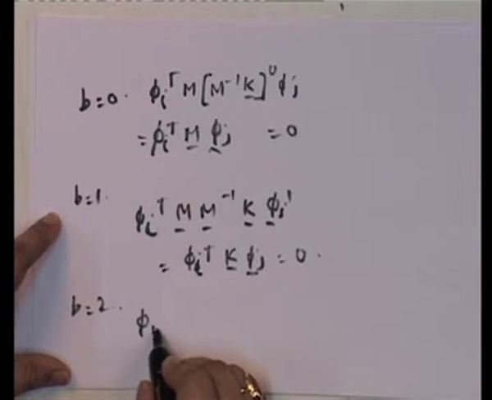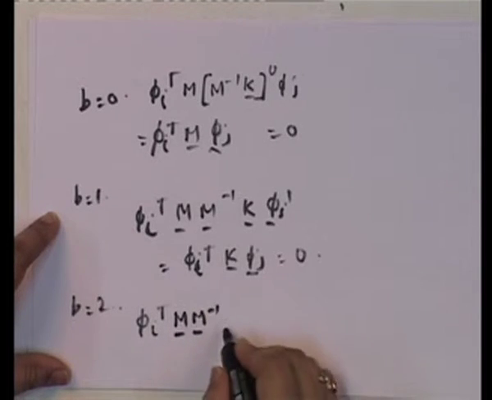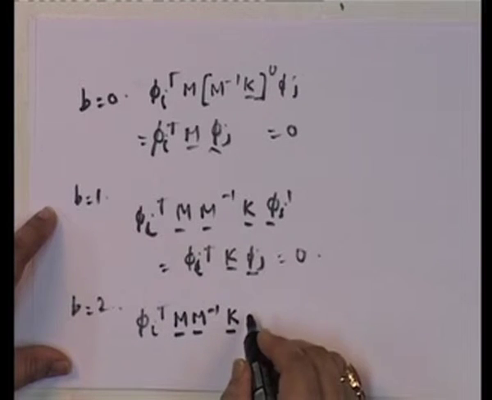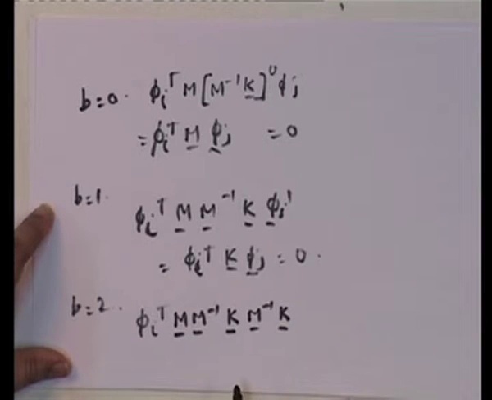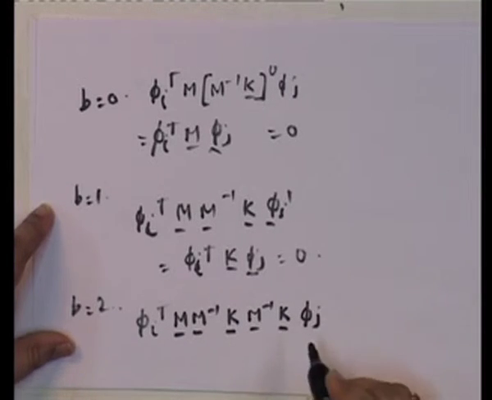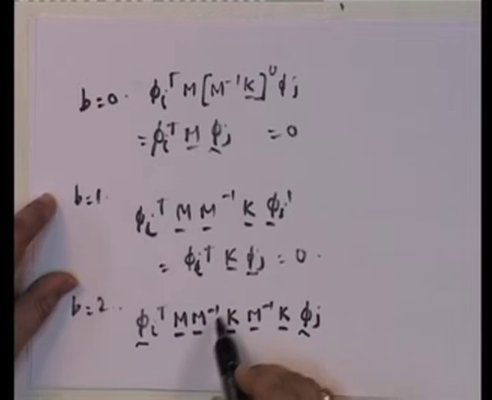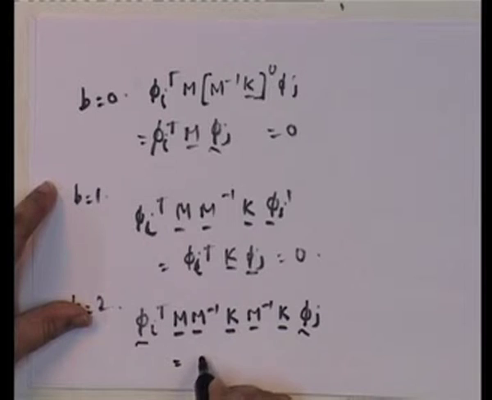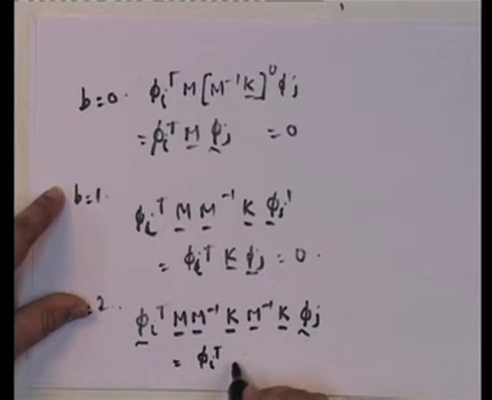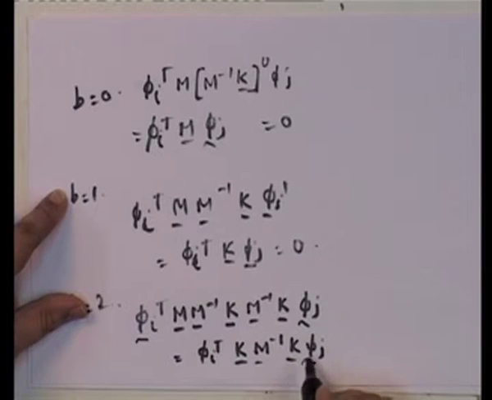Let us look at b equal to 2. That is phi I transpose M into M inverse K into M inverse K into phi j. M into M inverse is nothing but I, so this is equal to phi I transpose K M inverse K phi j.